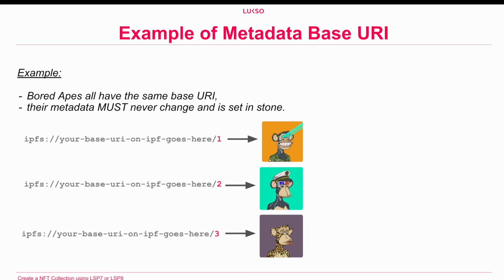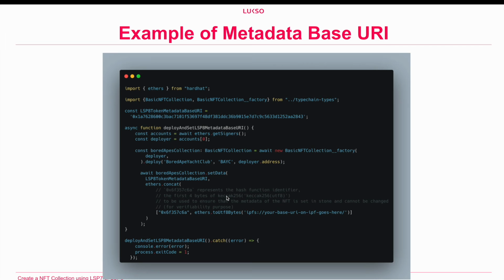An example of how we can use it is for Bored Apes. Basically, for metadata, they all have the same base URI, and the metadata never changes. So they just all have their base URI, and the token ID is appended at the end. If we look carefully here, this is the example in JavaScript where we do that.